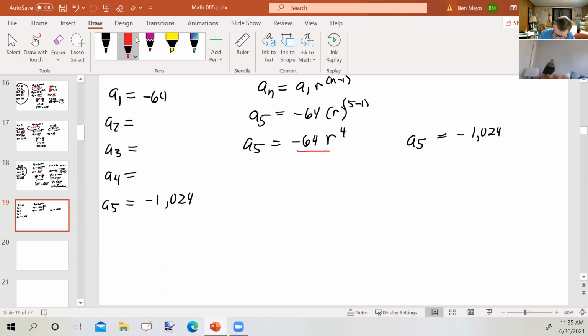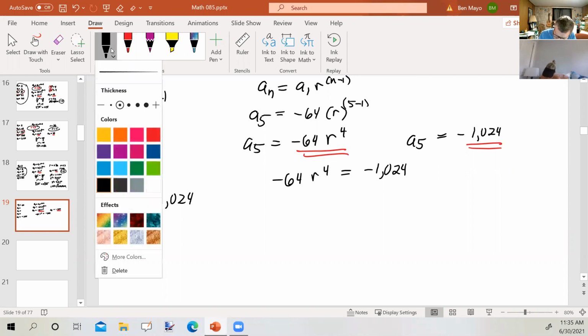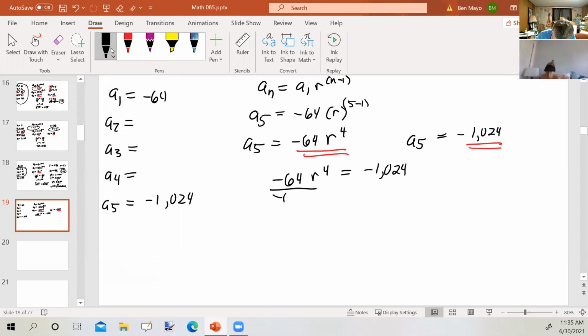So that means that this equals that. We're trying to solve for r. So first of all, let's get r to the fourth power by itself. So we'll divide both sides by -64.